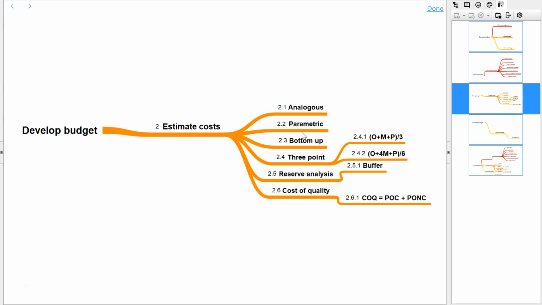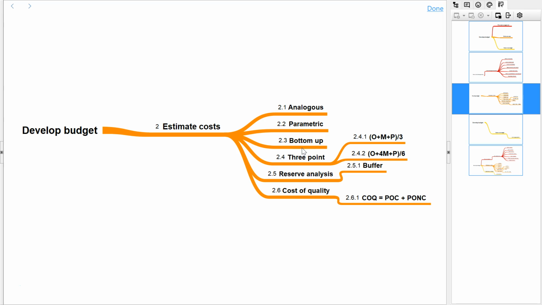Now let us say we have done that task multiple times in the past, we can always take an average. So that is parametric. A typical example of this can be cost per square feet, cost per defect, LOC per hour, this kind of thing.